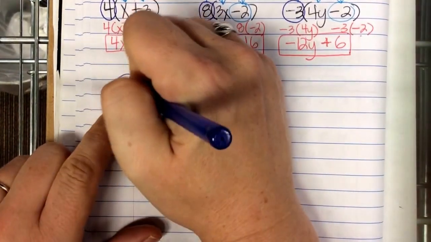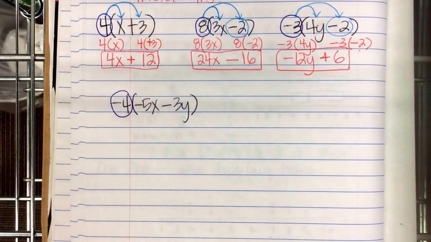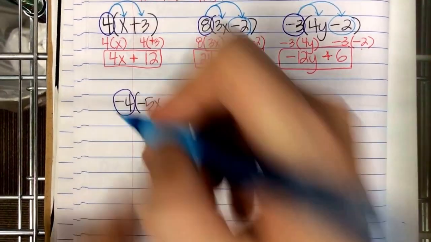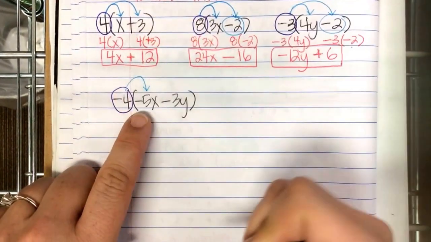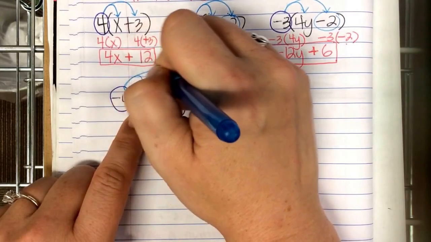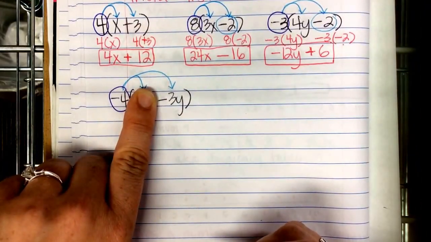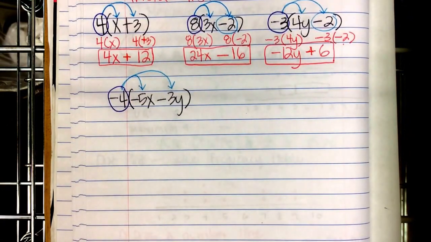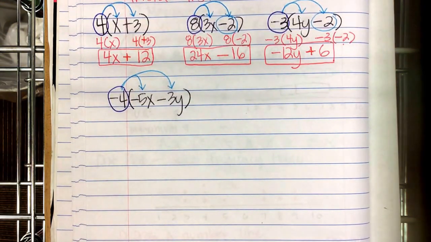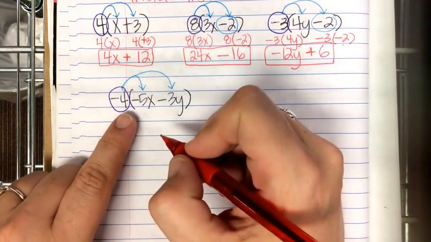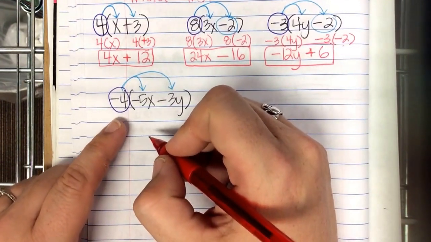So I'm going to circle negative 4. I'm going to draw an arrow from negative 4 to negative 5x and to negative 3y, correct? So here we go. Let's multiply.